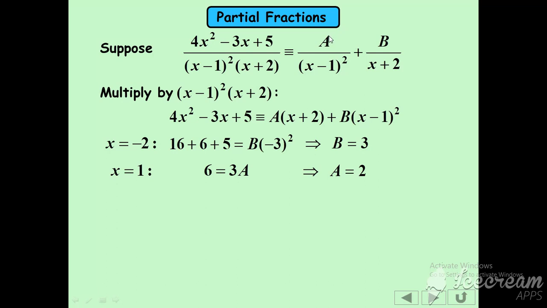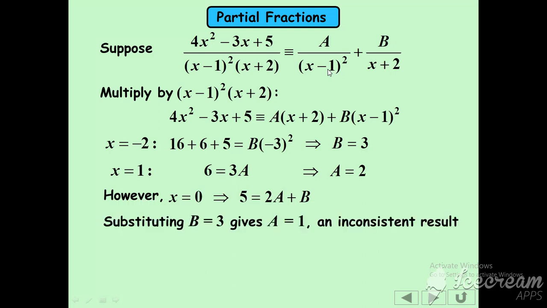If you put here a is equal to 2 and b is equal to 3, you can't get this numerator here. It will be different, so it will be wrong, and so this process also we can't follow. That means if the denominator is quadratic, the numerator must be linear, or else we must follow another process. So this is wrong. Now what is the other process?